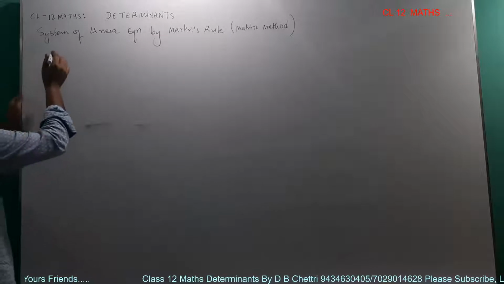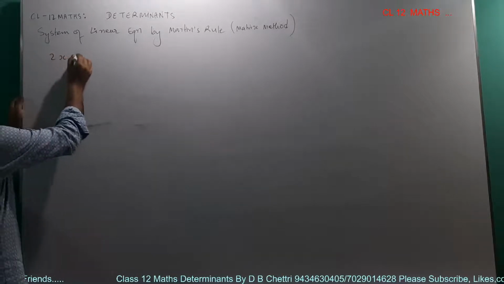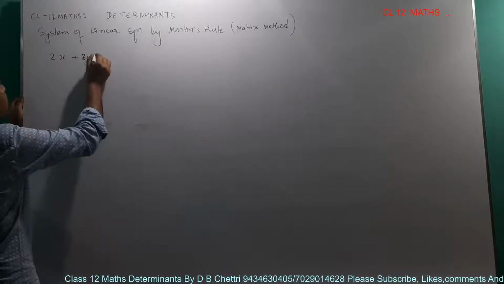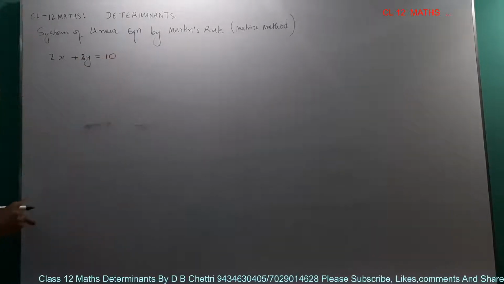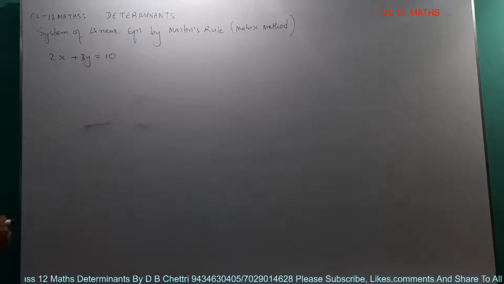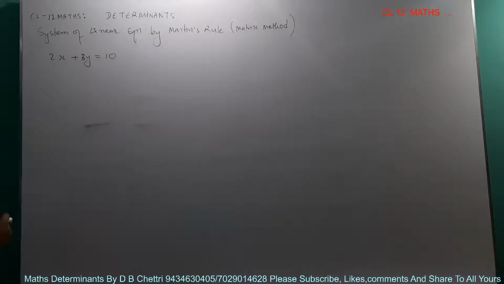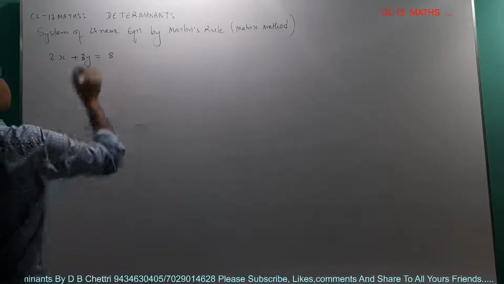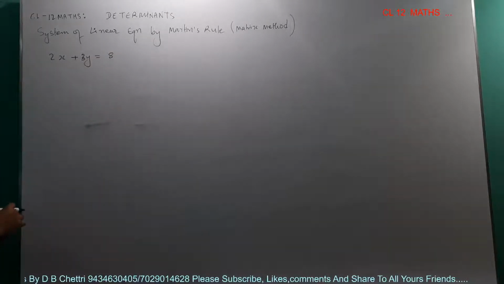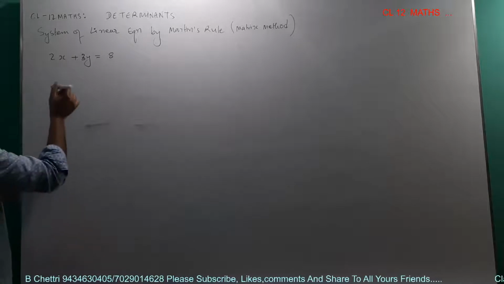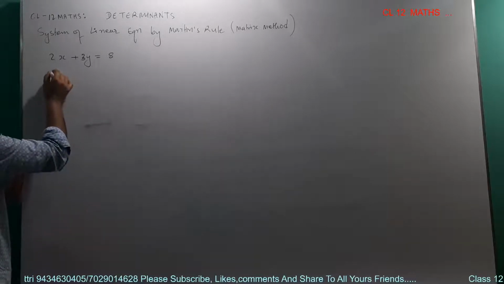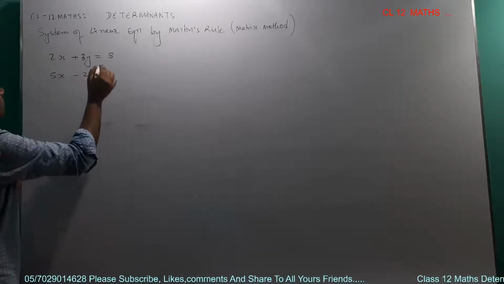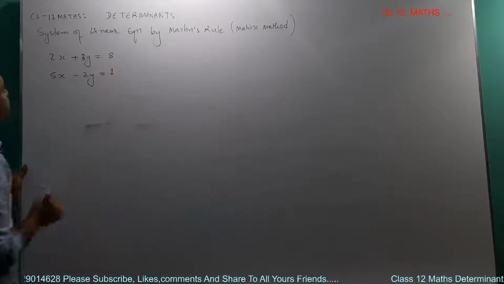Now let me write: 2x + 3y = 8, then 5x - 2y = 1.